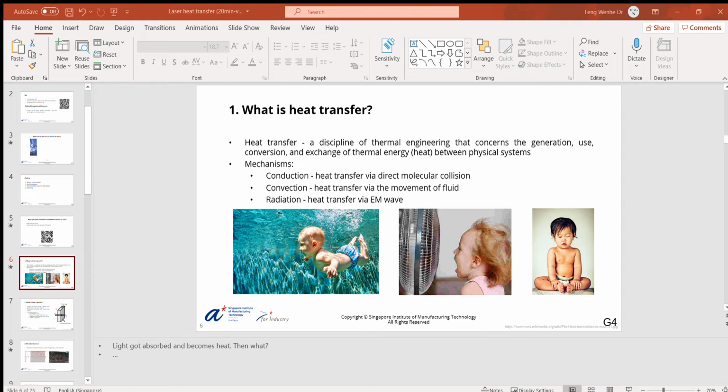And here you can also define the heat flux, q double prime. Basically, it equals Q divided by A. And this kind of equation is known as the ordinary differential equation. It is quite easy to solve because there is no variable. Everything is known, so you can easily calculate these values.